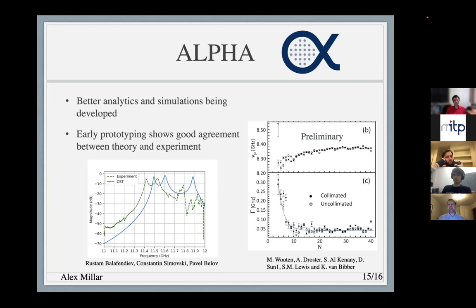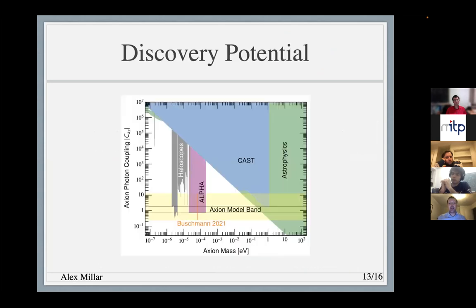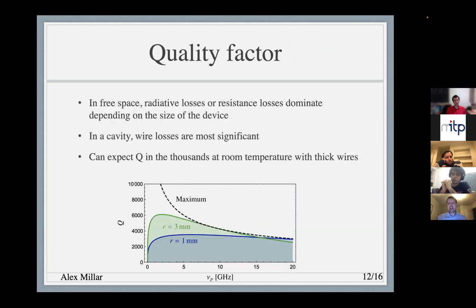This does become sensitive to the axion wind more directly if it's larger than about 20% of a Compton wavelength. Sorry, a de Broglie wavelength. So you can imagine, the axion's phase is going to change essentially 100% over the course of a de Broglie wavelength. So if you have different parts of the device which are talking to each other, and they start getting far enough apart that the phase changes, then that leads to a change in the power in your system.